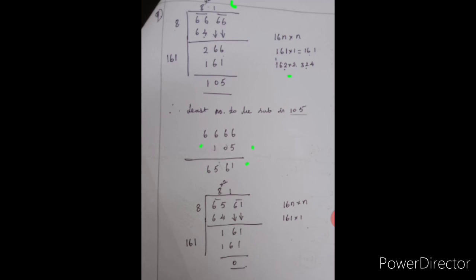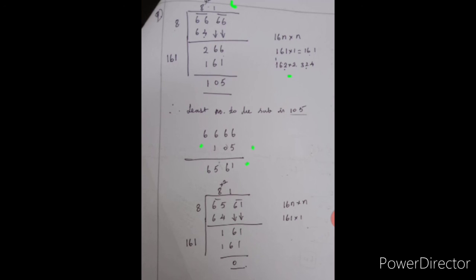If you take the square root of 6561, first draw the bar for two numbers. Then the first pair is 65. See the square number which is less than or equal to 65. Here 8 into 8 is 64. 65 minus 64 is 1. Bring both the numbers together, 61.